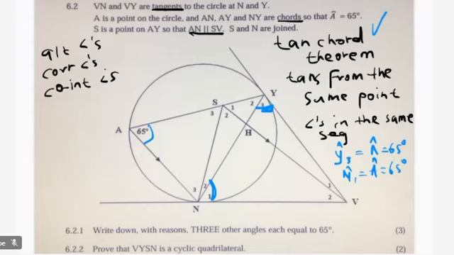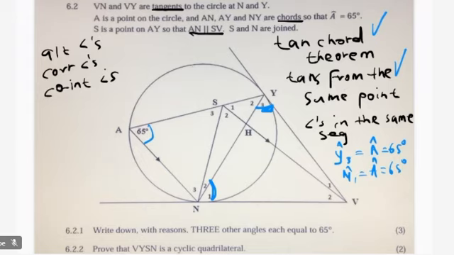So now we can try to use the tangents from the same point. We have two tangents in this scenario, which are VY and VN.